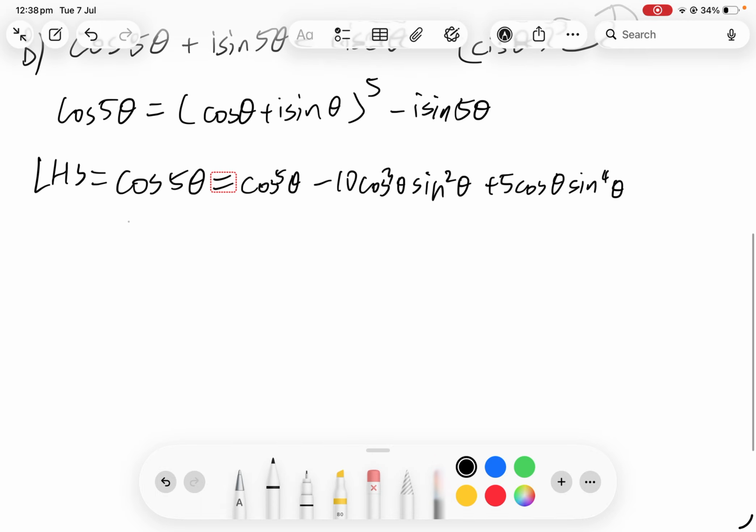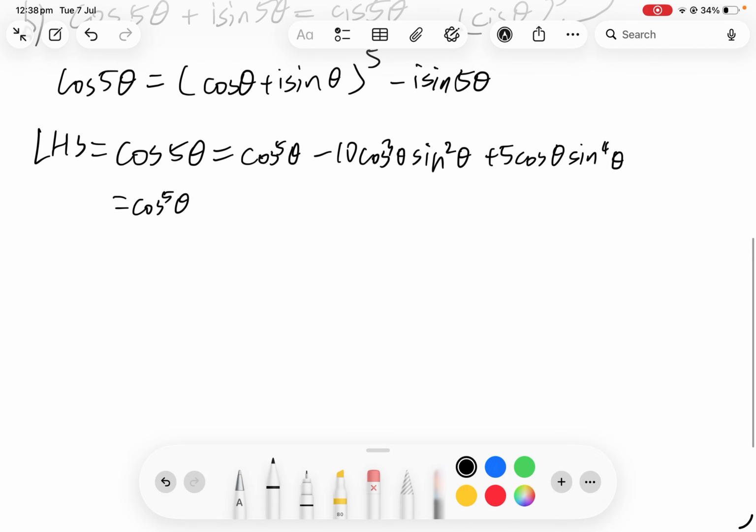And that was equal to cos 5 theta. And that's it. That's an equation, so we have to change it. So then we have to change the rest of it, which is 10. The cos stays the same because we want to keep all the cosines.